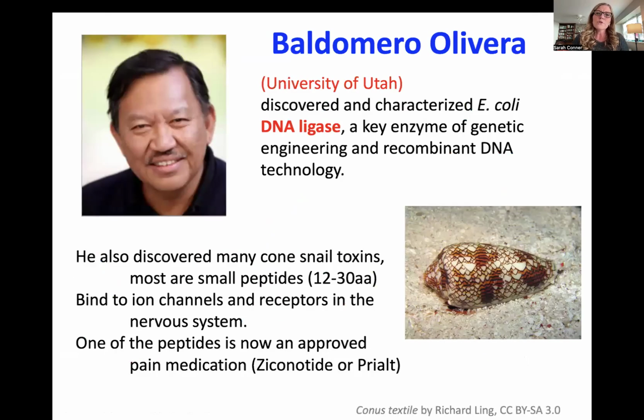So when we're looking at different types of ligase, DNA ligase, again, is something that goes in and basically clicks everything together. Baltimore Oliveira is actually a professor at the University of Utah. He's been there since 1970, and he discovered and characterized E. coli DNA ligase, which is a key enzyme in genetic engineering when we're looking at DNA technology.